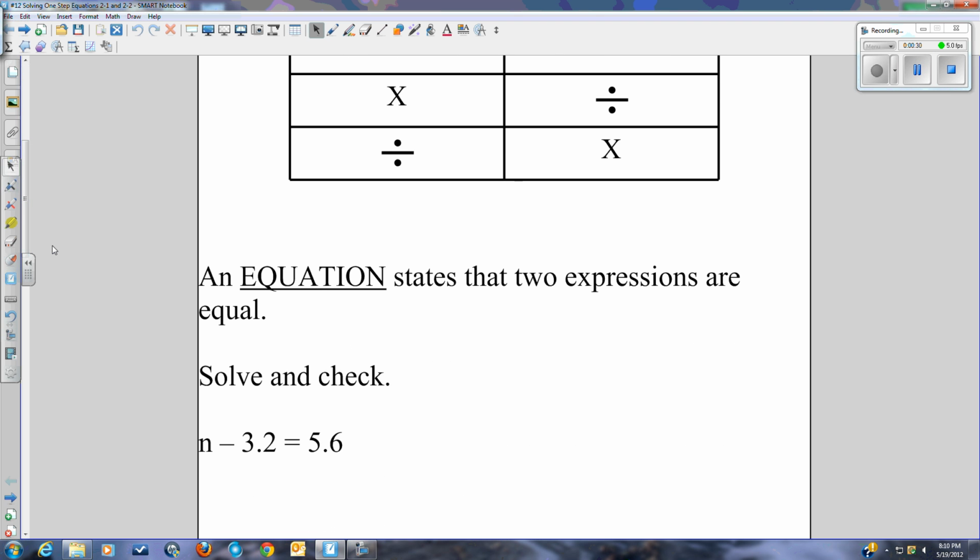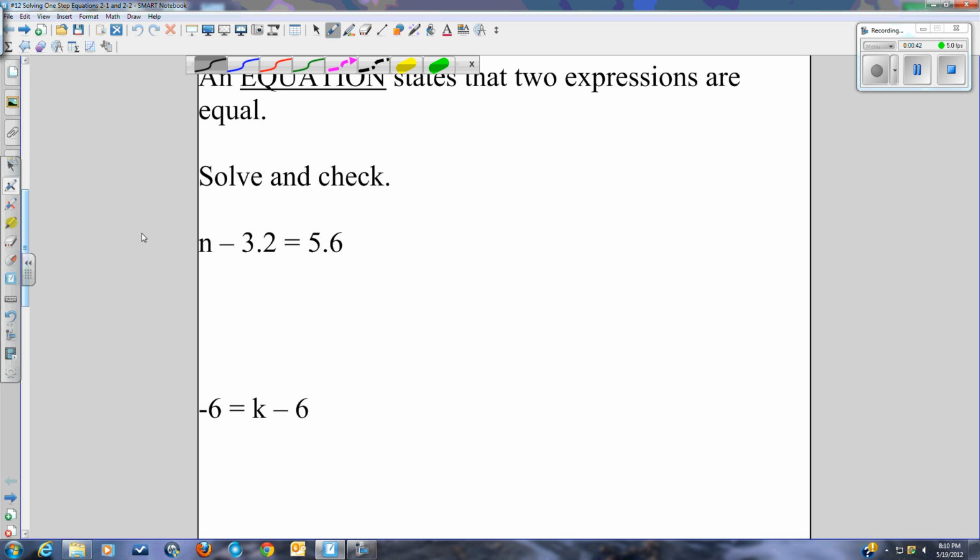Now, an equation states that two expressions are equal. So, for example, in this particular equation, we have n minus 3.2 equals 5.6, and we want to know what n is. Let's take a look at what we have to do to get n by itself. Now, n has 3.2 being subtracted from it. If you want to draw a line down through your equal sign, you can, if that will help you a little bit.